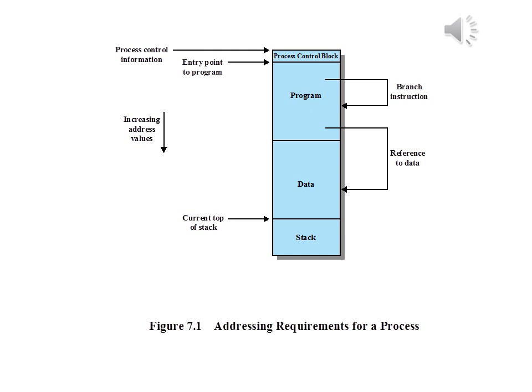The figure depicts a process image. For simplicity, let us assume that the process image occupies a contiguous region of main memory. Clearly, the operating system will need to know the location of process control information and of the execution stack, as well as the entry point to begin execution of the program for this process.